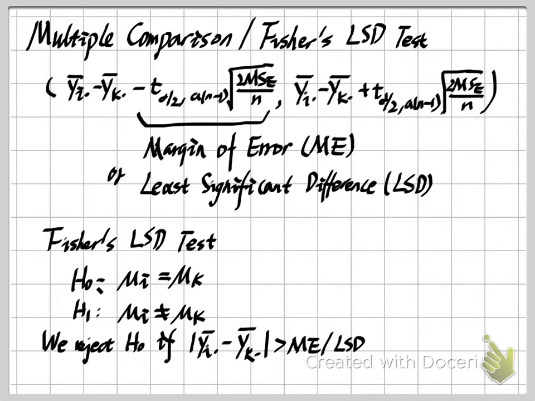So which one should we choose? This depends on the real-world question, on the topic of the research. If the research isn't interested in exactly which pair of treatments differ, then we should directly use the ANOVA F test, and whenever we reject the null hypothesis, we can stop.